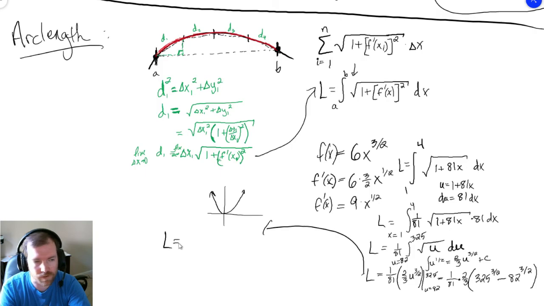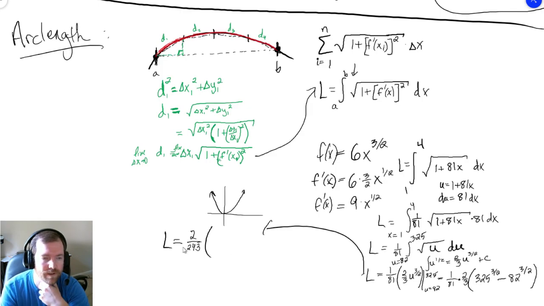Okay, so L is equal to 2 divided by 243, multiplied by 325, we're taking the square root and cubing it. So if we want to take the square root of 325, we can take out a 25. Nice and easy.